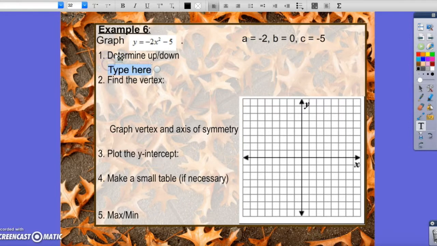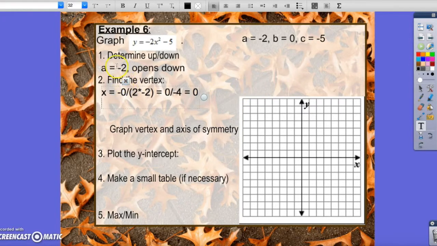My a equals -2. So it opens down because it's negative. My vertex. I use -b, so -0, divided by 2 times a, or 2 times -2. So I get 0 divided by -4, which don't forget is just 0.